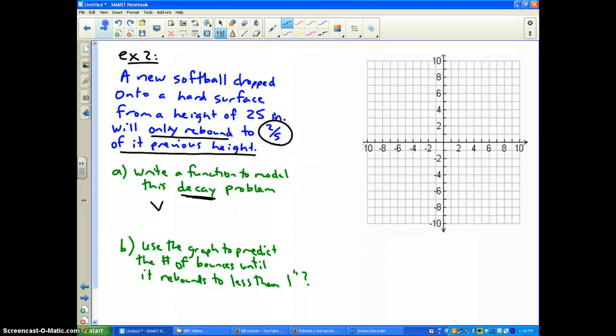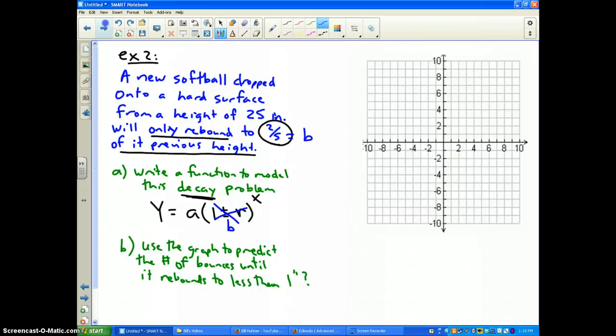Well, from the last slide, you saw that our formula is like that. Now, since we are only going to 2/5 of its previous height, that is 40%. Actually, this is our B value. It's not a percentage, so we don't need to use that.